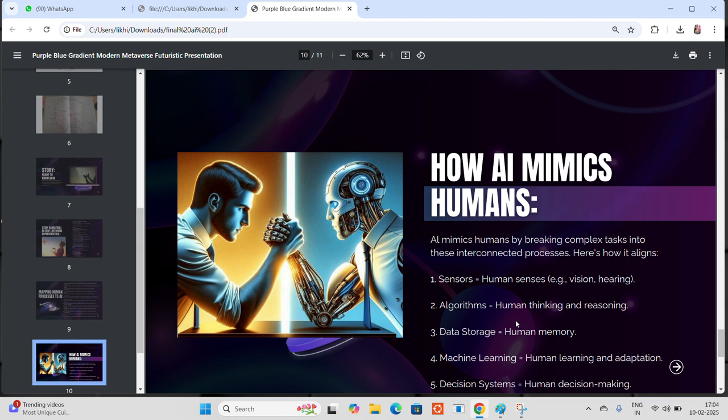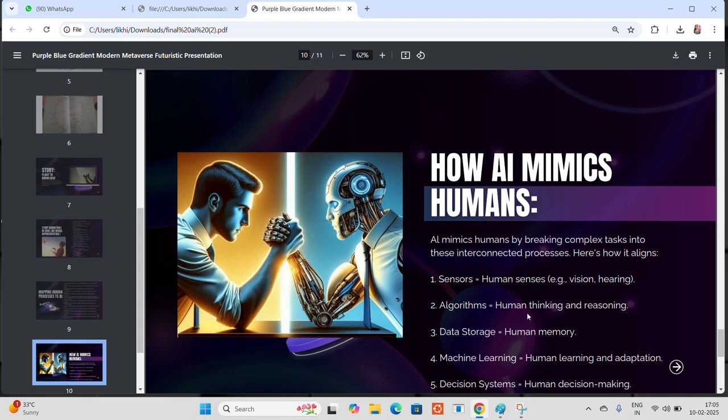Just like humans, it will mimic, because we humans train the AI model by giving a large number of data sets. Based on that, it will mimic humans. In humans, we have senses like vision, hearing, touch, etc. But in AI, that is represented using sensors. So they are both equal.